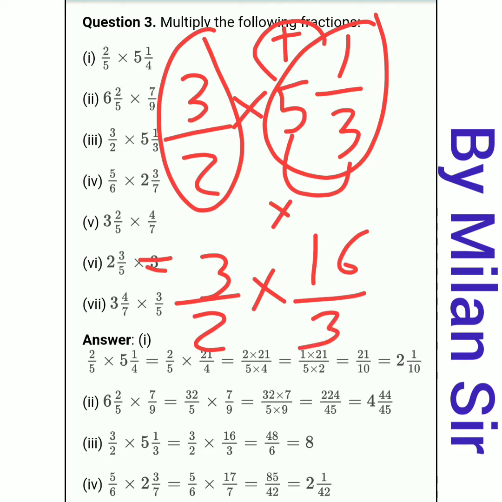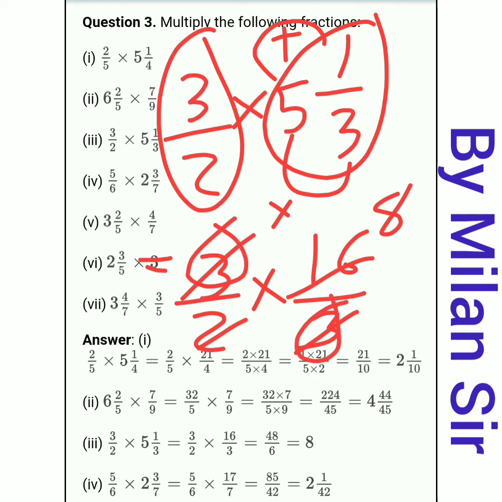Now this 3 and 3 cancel, right? And we can also cut this 16 and 2, 2 8s are 16. If numerator and denominator are the same, we can cut it. So final answer is integer 8.